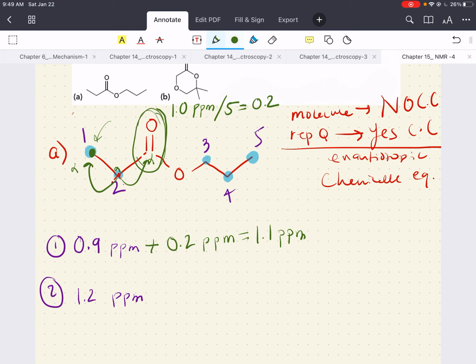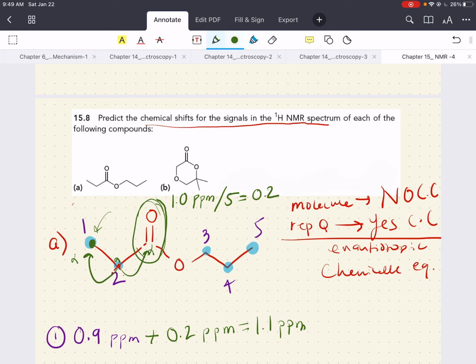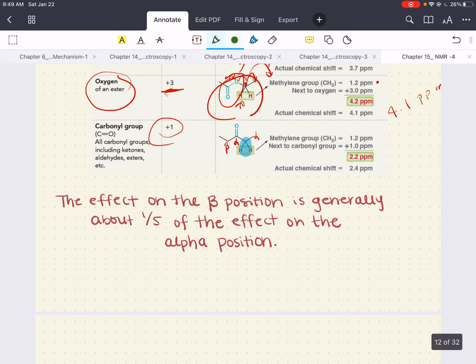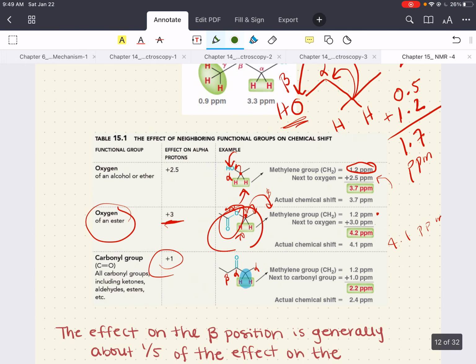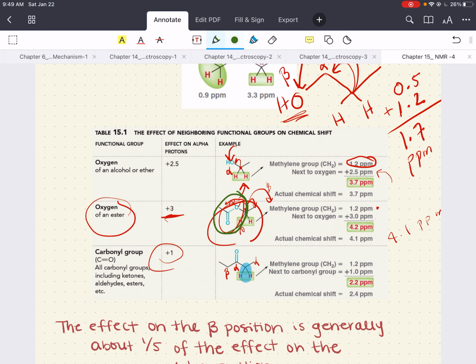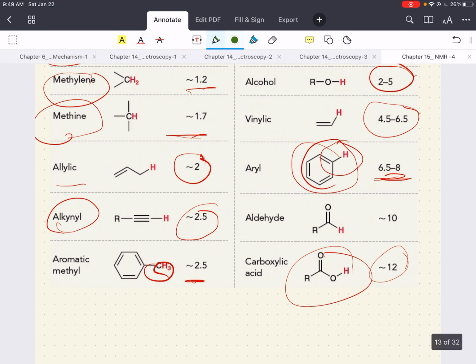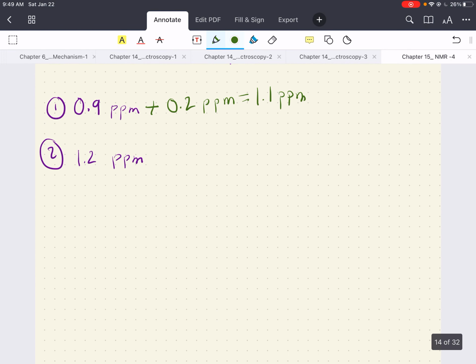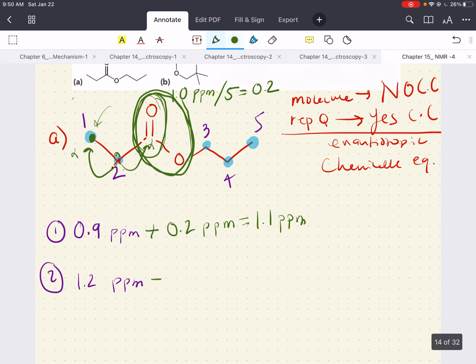We hit a carbonyl. Actually, is that in our groups over here? That's an ester. So it's going to be 1.2 ppm plus 3 ppm, and that's going to be 4.2 ppm for that position. Fantastic.